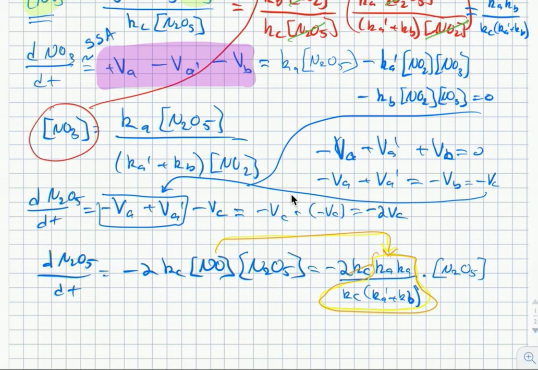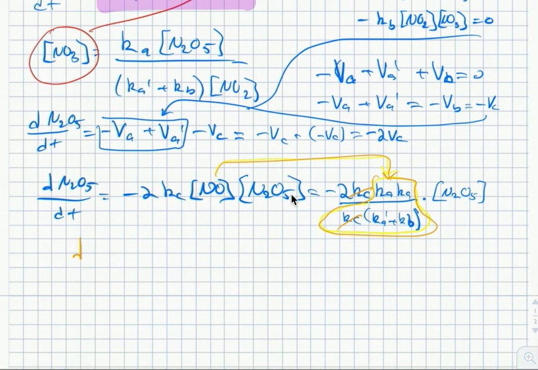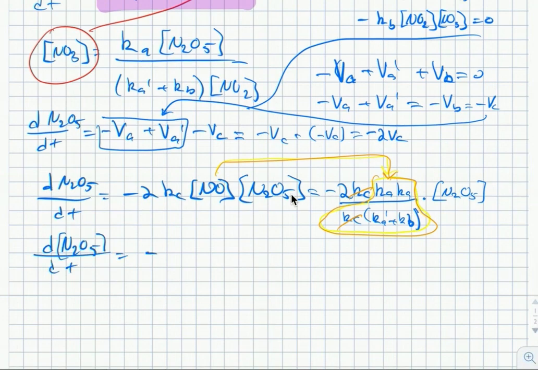We see that Kc will cancel, and we're left with an expression for the change in N2O5 dt equaling minus 2 Ka Kb N2O5 divided by the sum Ka prime plus Kb.